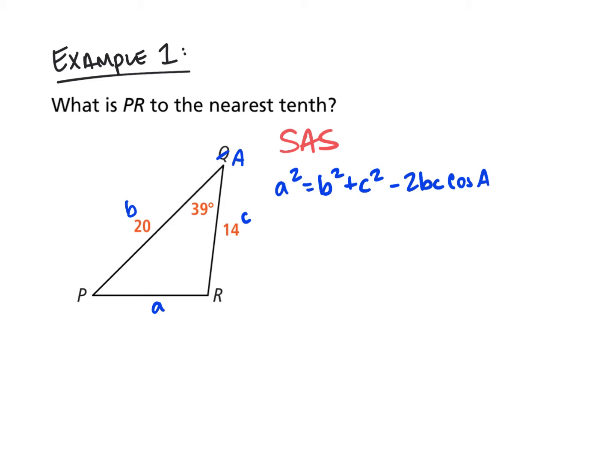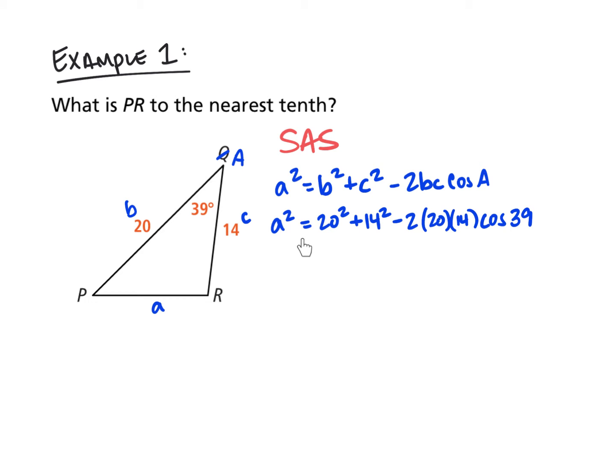So let's look at how that's going to shape up. It's going to say that a squared equals 20 squared plus 14 squared minus 2 times 20 times 14 times the cosine of 39. And at this point, if you're careful, you can type all of this in your calculator all at once.